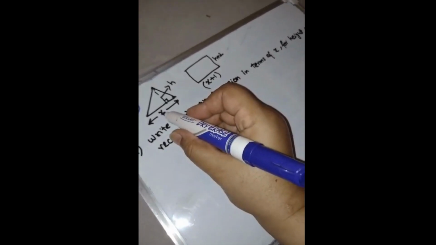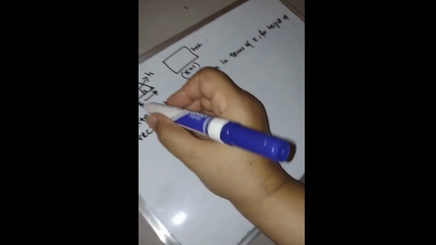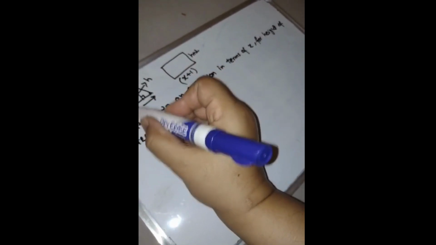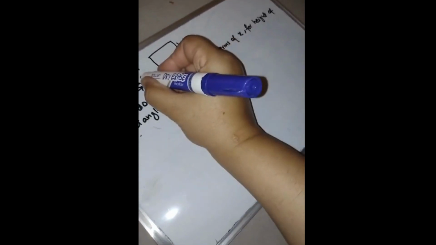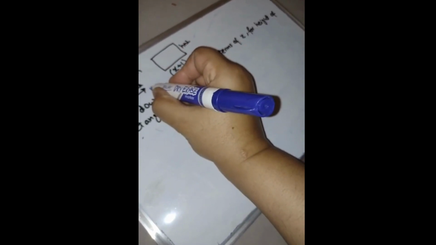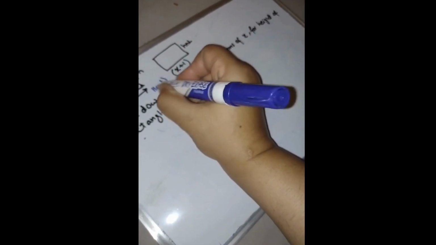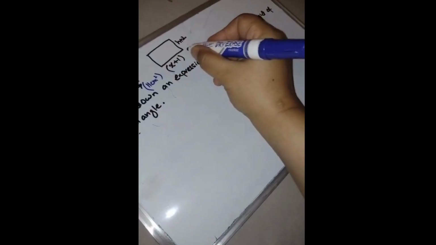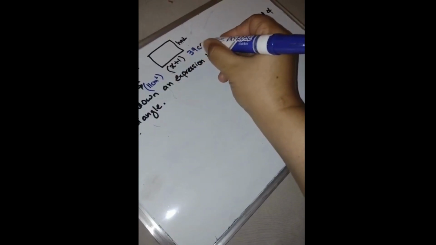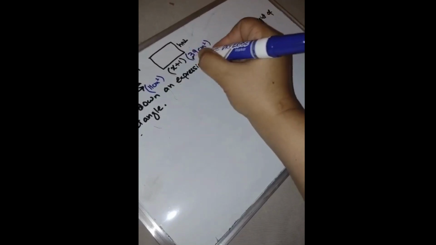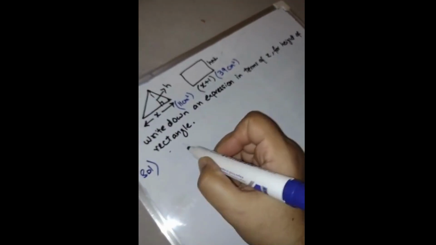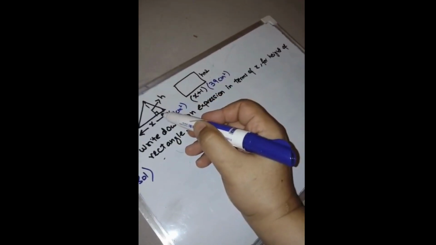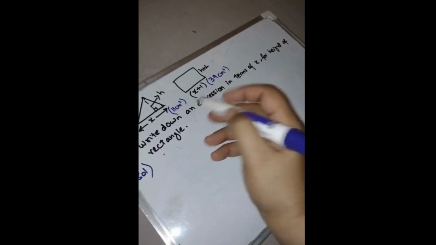The area of the triangle is 11 centimeter square, and the area of the rectangle is 39 centimeter square. So first of all, we have the area of the triangle as 11 centimeter square.